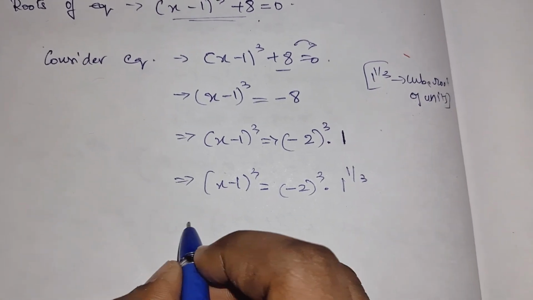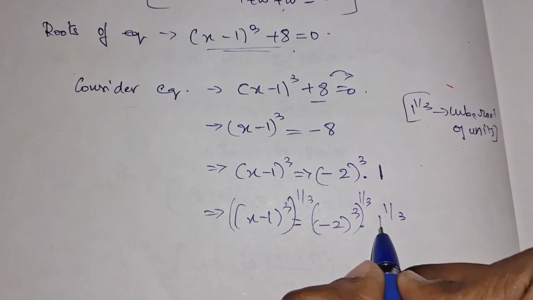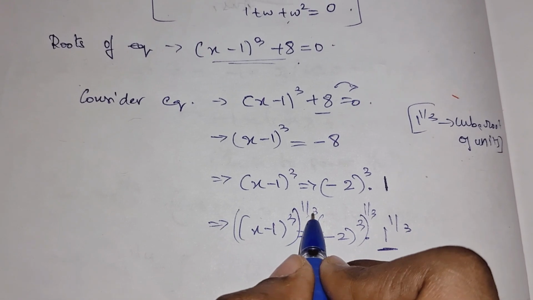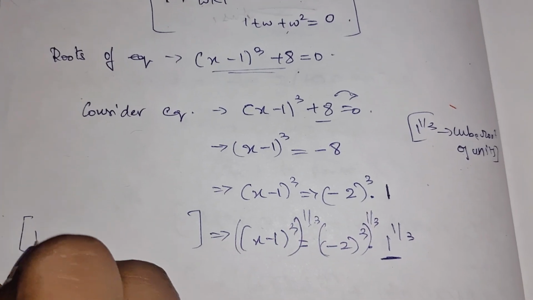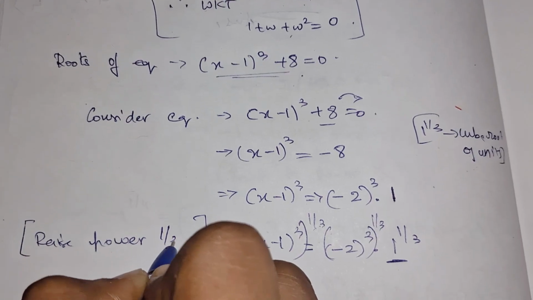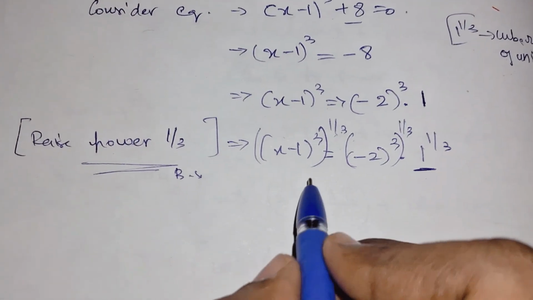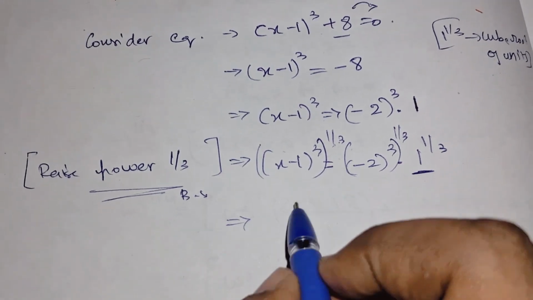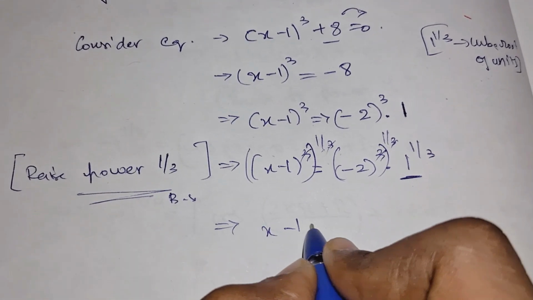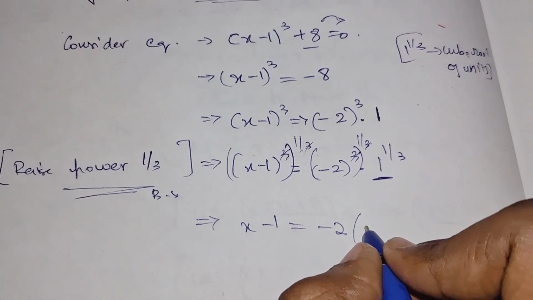Now I have raised it to the power 1 by 3 so that I can substitute 1, omega and omega square here, and these cubes can be cancelled on both sides. Okay, understood. So what I will get: x minus 1 is equal to minus 2 times the cube roots of unity. Substitute.